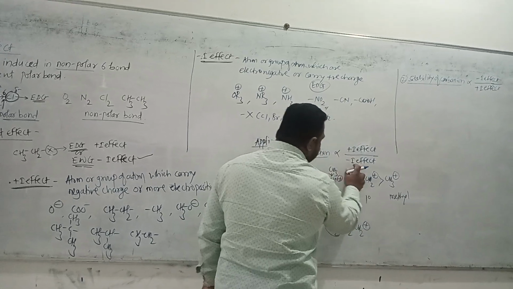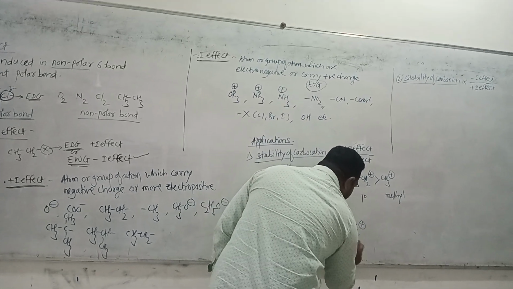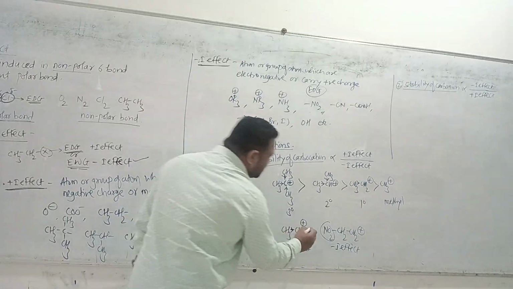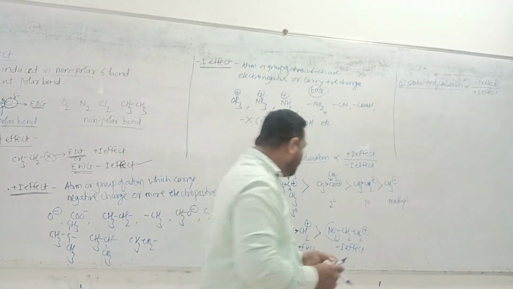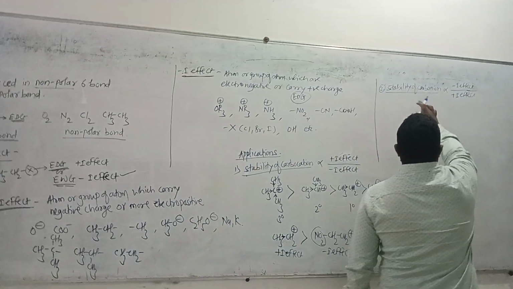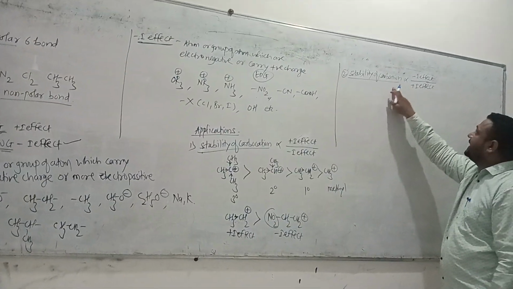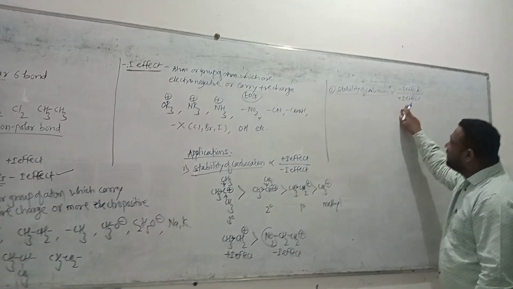Stability of carbanion is directly proportional to minus effect, therefore minus effect increases the stability of carbanion, and it is inversely proportional to the plus effect.